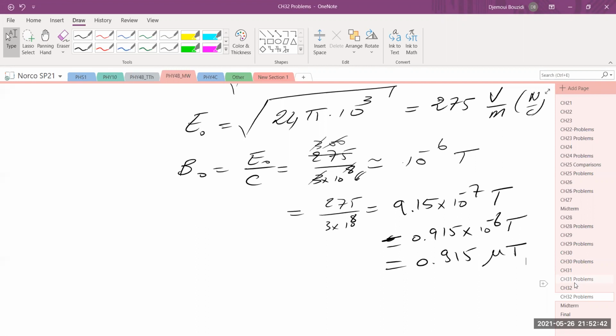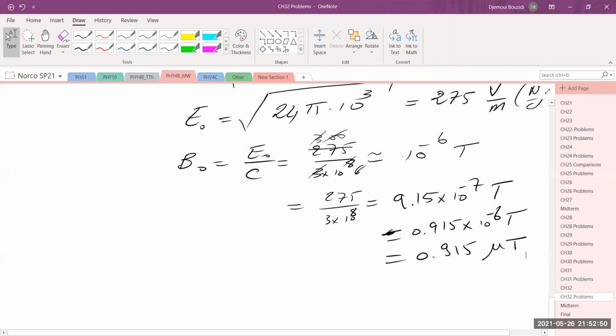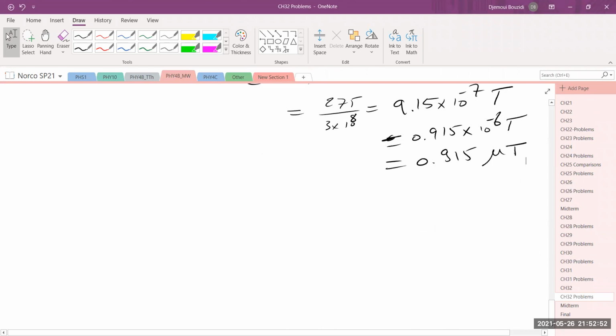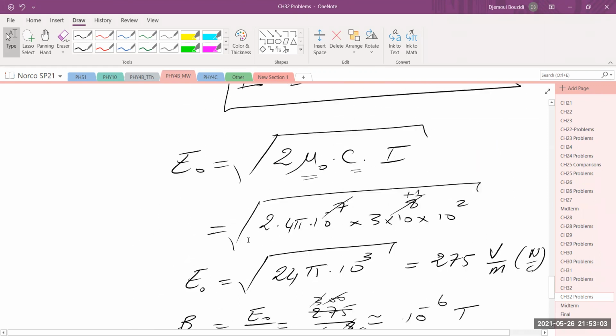C. How much energy would the beam in part A deliver per second to the retina? Now we need to find the energy, dU over dt, the power basically. That is actually the power, and the power is already given.